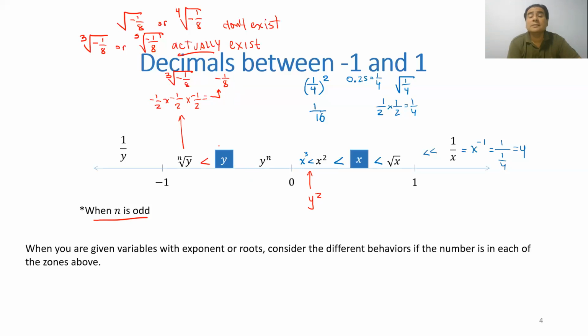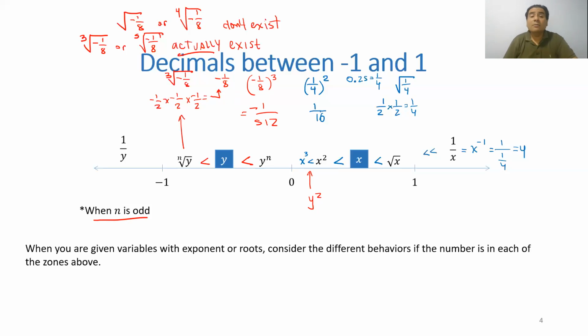For odd exponents, you need to consider this. For example, -1/8 to the power 3 would be -1/512, which is a number very, very close to 0, much closer to 0 than -1/8. So it is to the right of the original number, it is greater than -1/8.